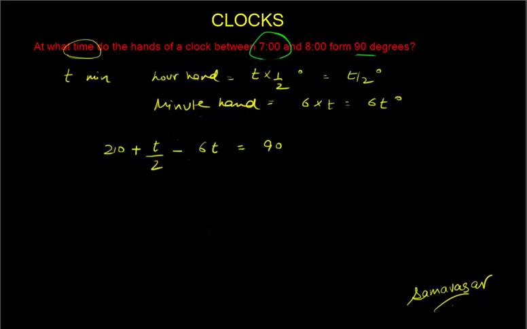Finally we get 90. So we solve this equation, and if you take these to that side, you get 120 is equal to 11 by 2 t. So t comes out to be 21.9 by 11 minutes, the same as we got earlier.